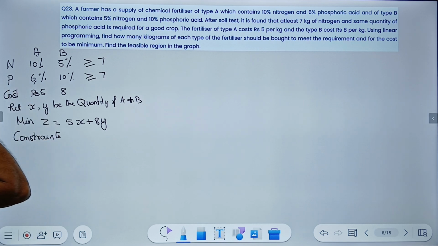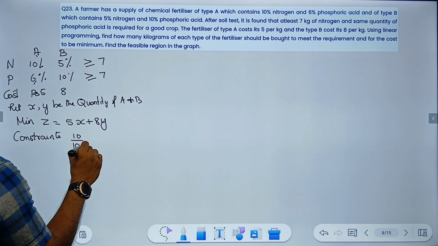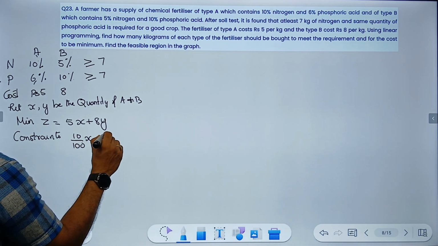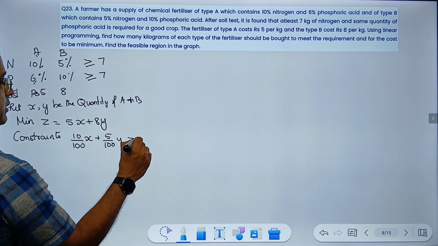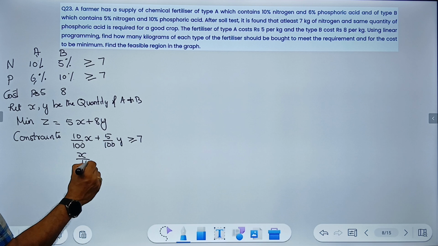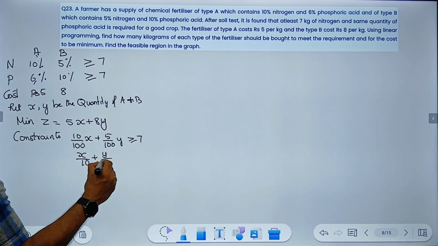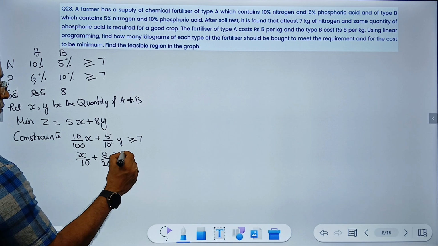The constraints are 10 by 100x plus 5 by 100y is greater than or equal to 7. So this is x by 10 plus y by 20 is greater than or equal to 7.